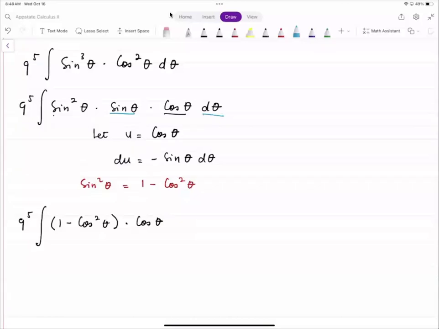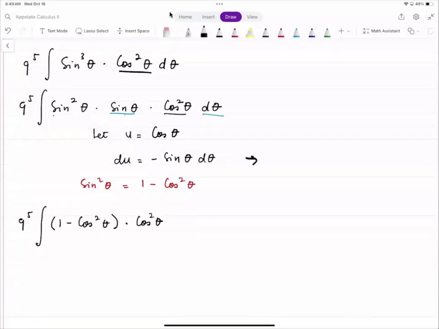Is that okay? I think here is cos squared theta. Remember, here is cos squared theta. I just split this thing up here. Okay, so now we're going to replace this sine theta d theta here.